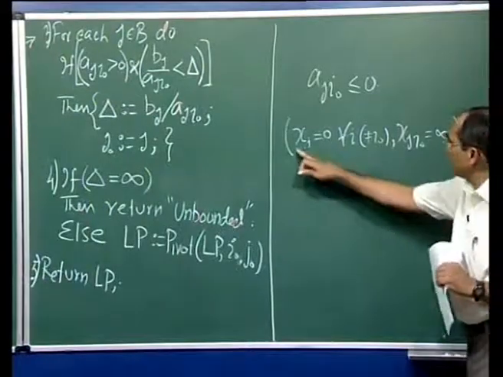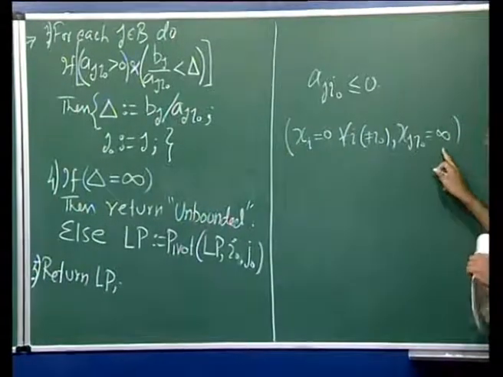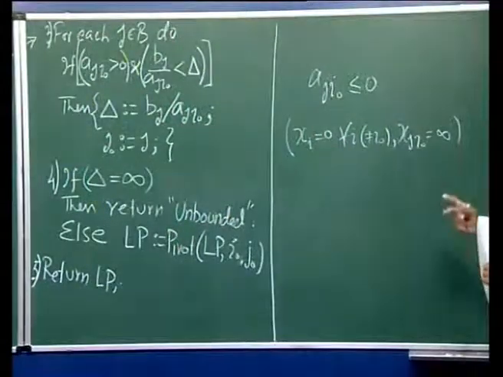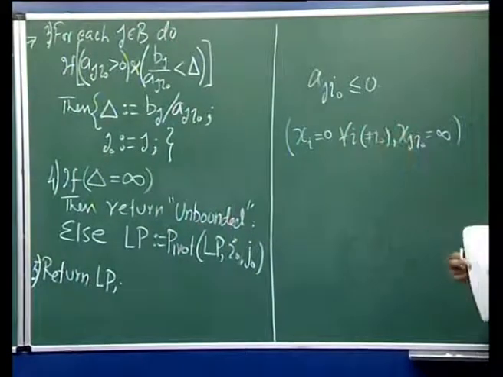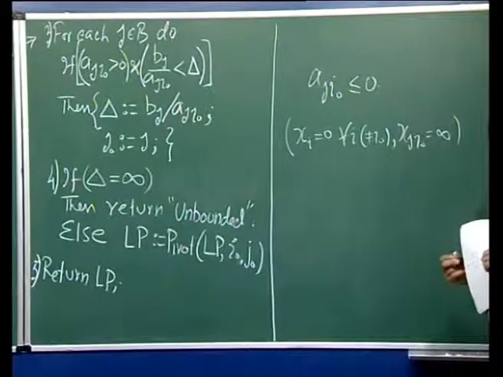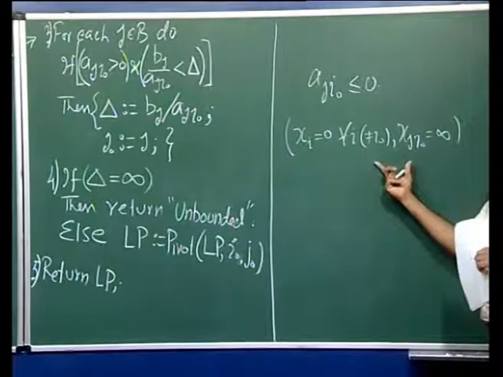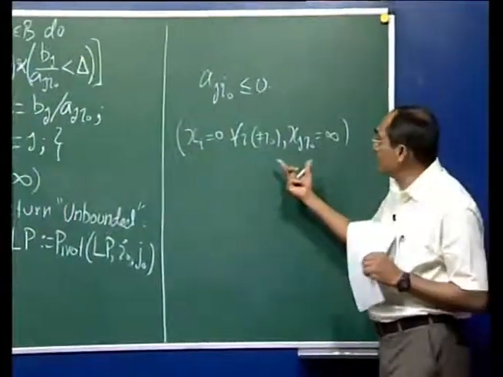If this assignment we make to the variables, then we will still be satisfying the conditions, and the corresponding value of the object function will be also unbounded. Hence, what we notice is that there is a solution with arbitrarily large value of phi or object function.